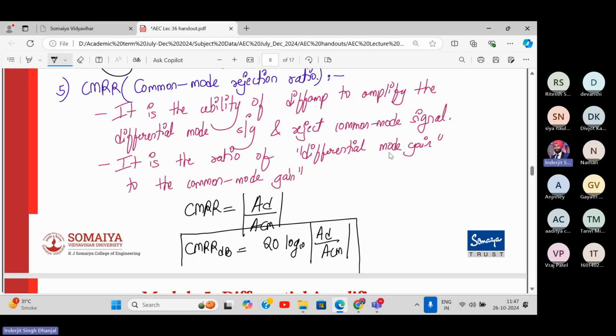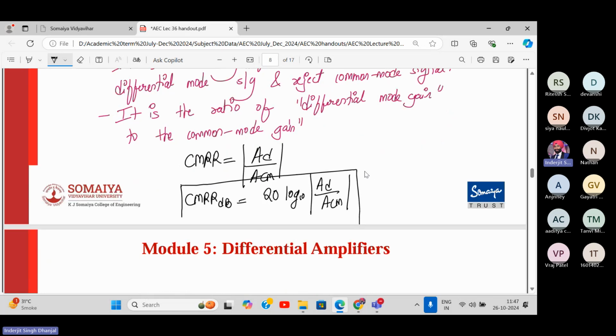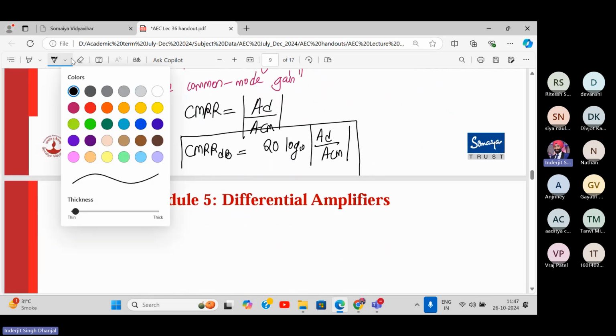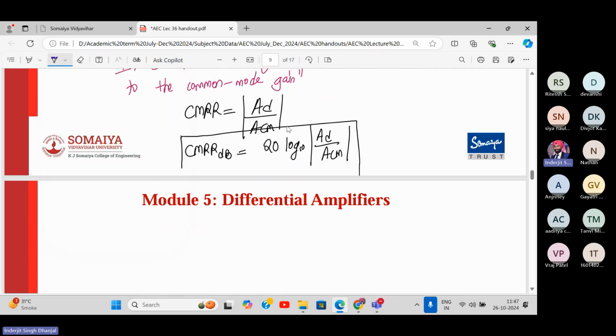Okay. So ideally, what do we want the CMRR to be, very high or very low? From the discussion we had in the last hour, what do you think? First, do we want AD high or low? Differential voltage gain AD high. Next, ACM should be low, right?